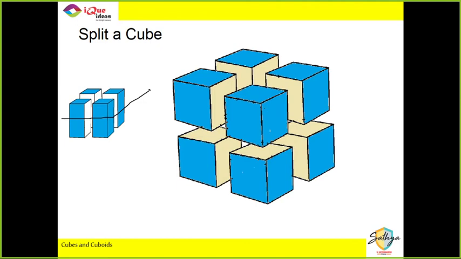4 up and 4 down, Hriday. 3 painted. I'll come to it. Yeah, you're correct. Now each piece contains how many of the original vertices? Each piece contains 1 original vertex, right?